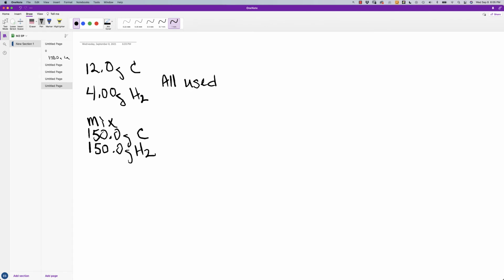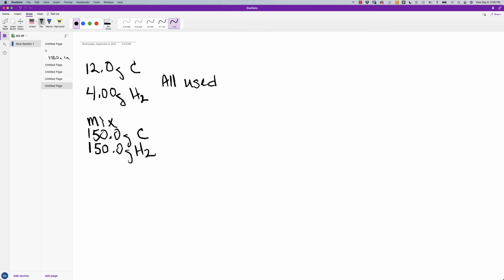So common sense, first of all, let's look up here. We have 12.0 grams of carbon and 4.00 grams of hydrogen, and all of this is used. We see that it takes more carbon than hydrogen in grams to make this mixture react the way it's supposed to.